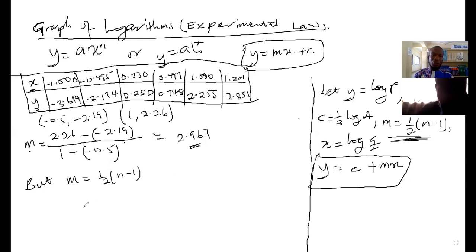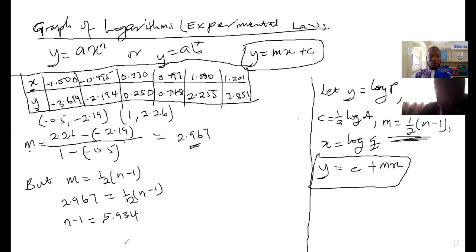So now we have our m to be 2.967, and that should be equal to 1 half n minus 1. When we multiply through by 2, we are going to have n minus 1 equal to 5.934.